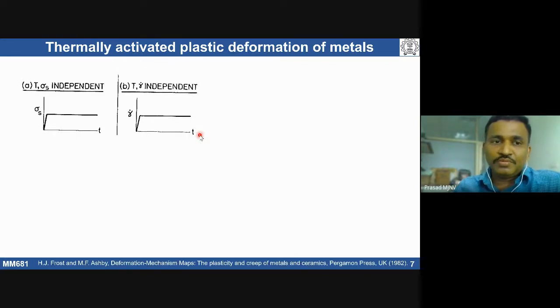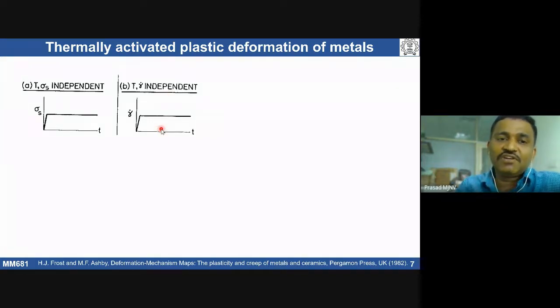There are two ways we can deform the material. Either you can maintain constant stress or a constant strain rate, as a function of time. If I maintain constant strain rate, that is typically tensile, compression, axial testing.